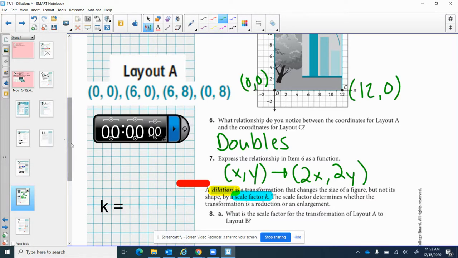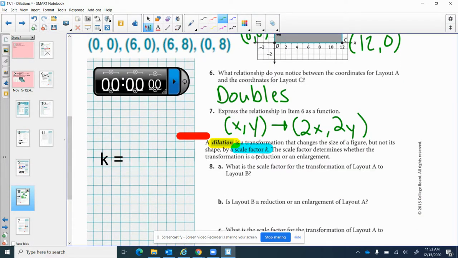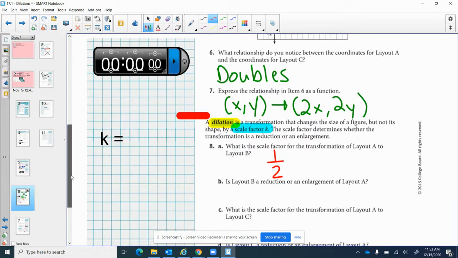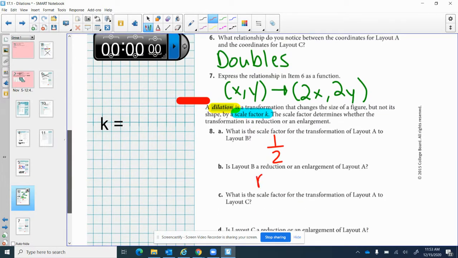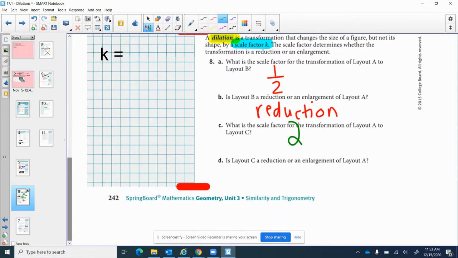And what a scale factor is, it's the amount by which you are reducing or enlarging. Reductions, like the first example, are when you are decreasing in size. So that was a reduction. But in the second example, our shape got larger, so we would call that an enlargement, and the scale factor on that one was 2.